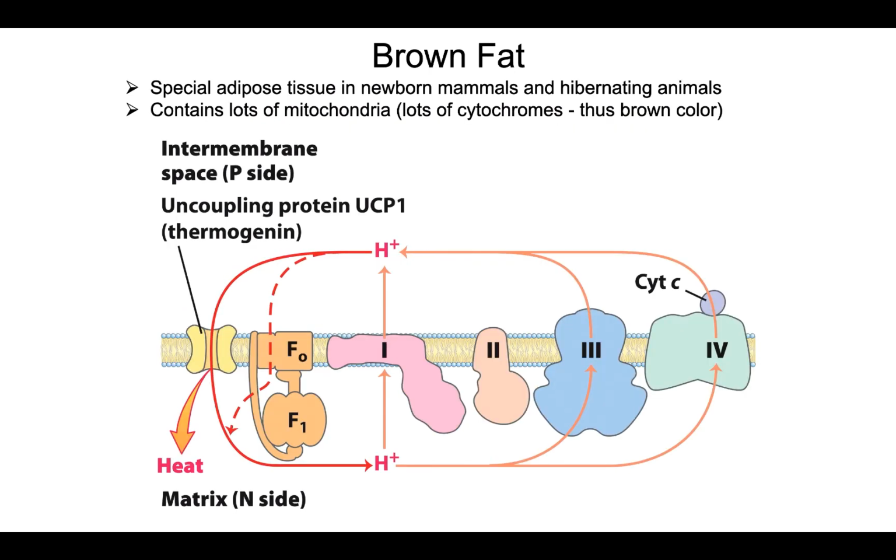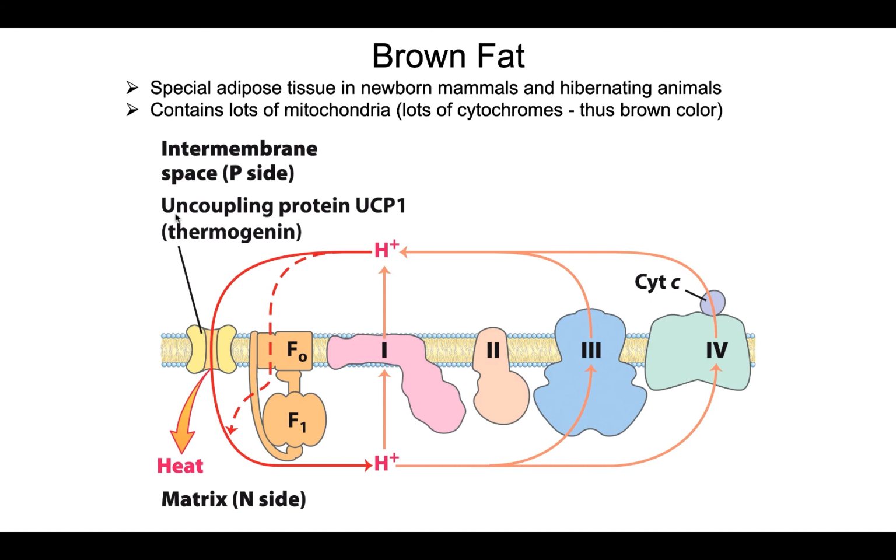Brown fat is another interesting tissue, and it's located within newborn mammals and hibernating animals. It's brown because it contains a ton of cytochromes. But the important fact of brown fat is it has another protein within the mitochondrial inner membrane that the cells of other tissues don't have.